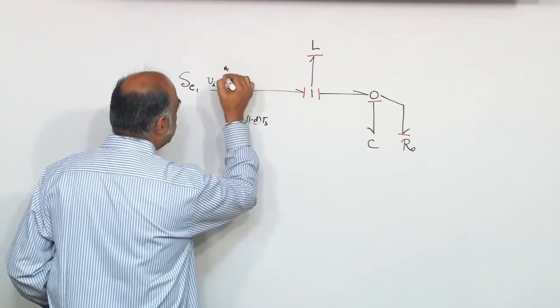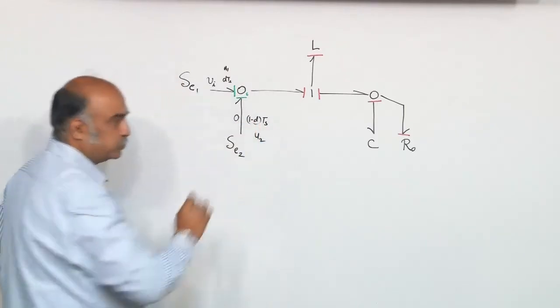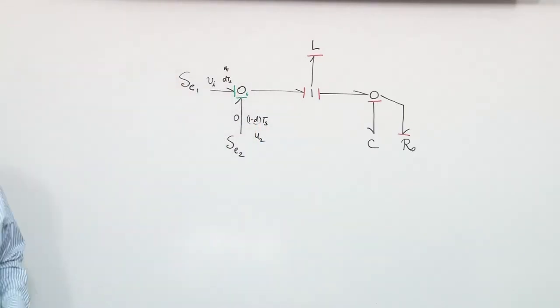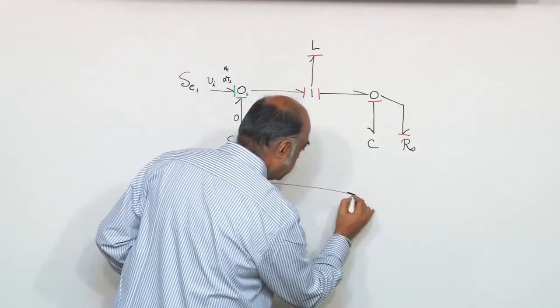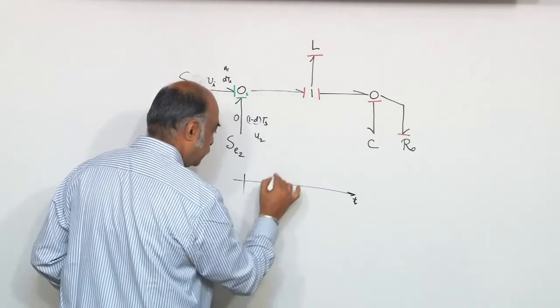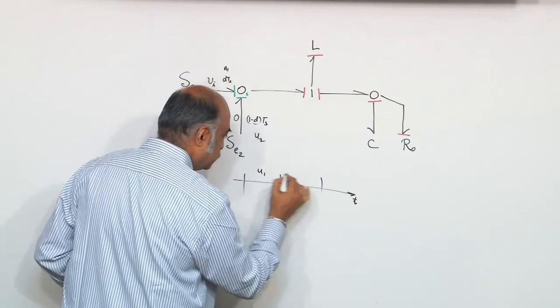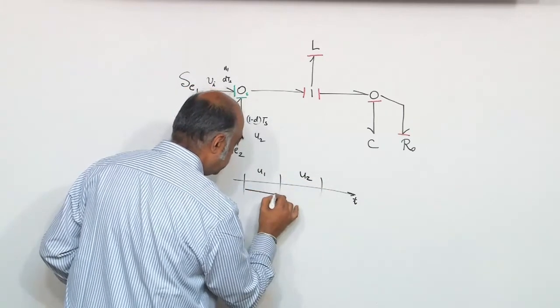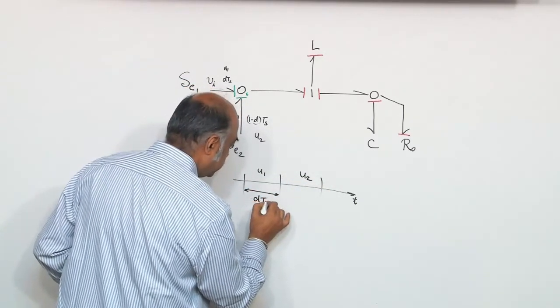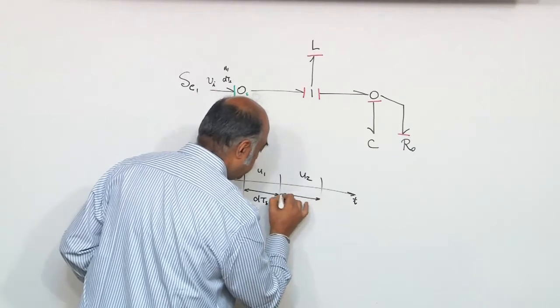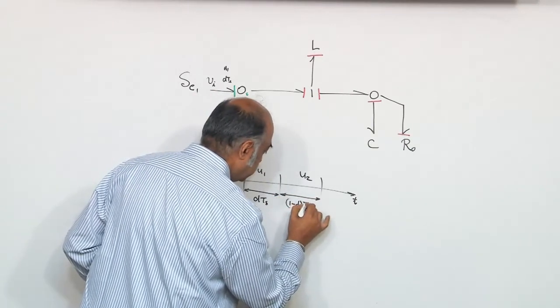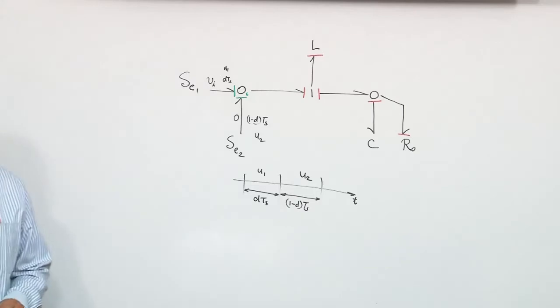This is your U1, this is U2, where on the time scale the U1, U2 is nothing but dTs and 1 minus d Ts, mutually exclusive intervals of time.